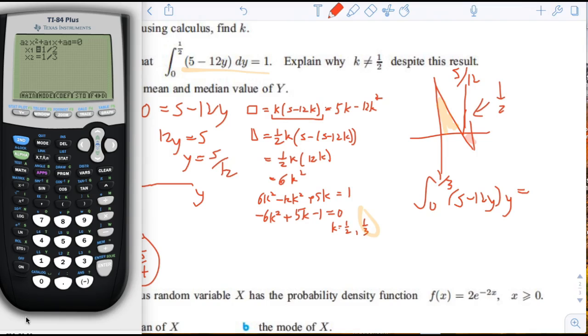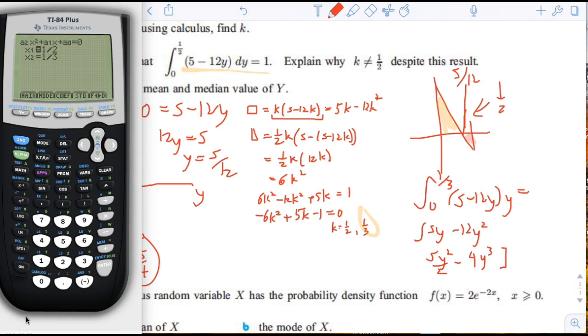Okay, so it's going to be 5y minus 12y squared, and then we're going to take the integral from 0 to 1/3, so it's going to be 5y squared over 2 minus 12y cubed over 3. 12 divided by 3 is 4, so I'm just going to write 4 here instead.